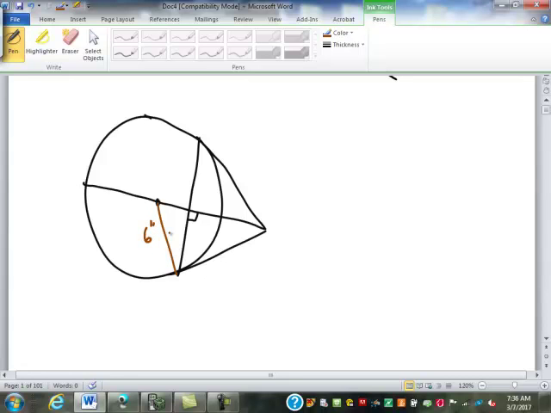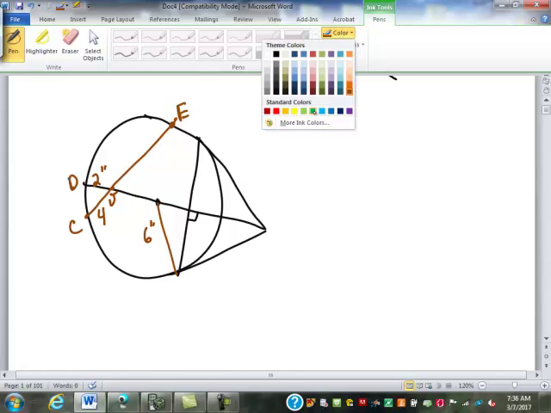If DJ, so this is DJ here is 2, so that's 2. And CJ, so this is C, CJ is 4. Find EJ, this is E here.